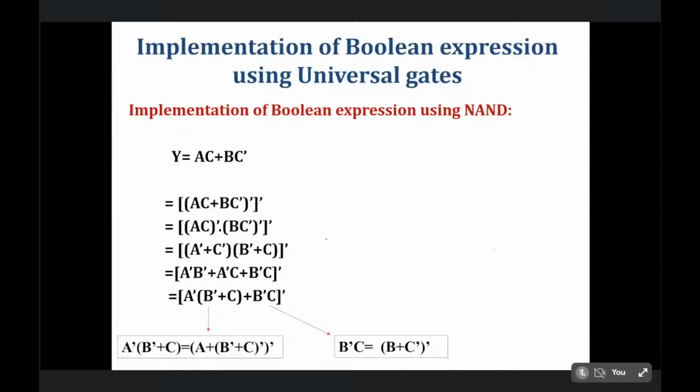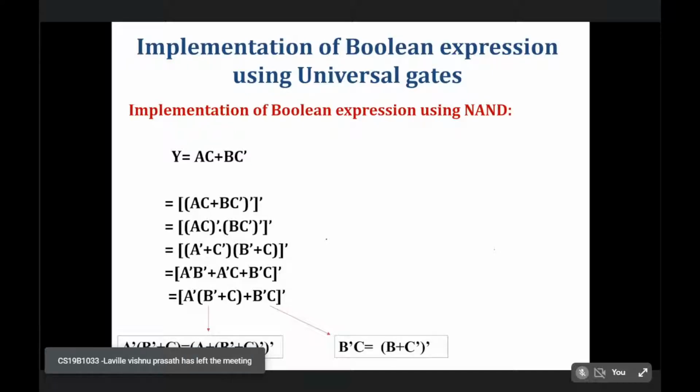In the gates, we know the basic gates. How many basic gates are there? If we talk about digital electronics, three basic gates are there: AND, OR and NOT, and two are the universal gates.